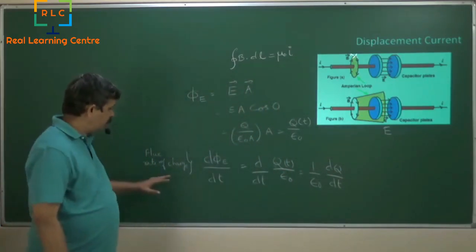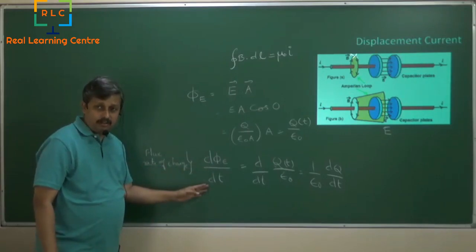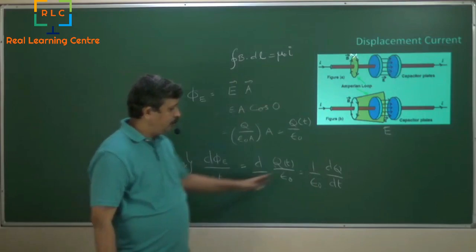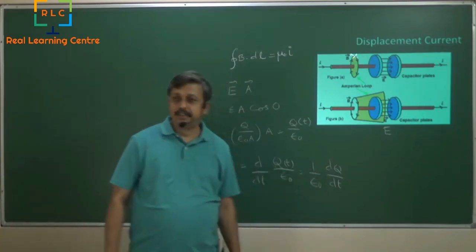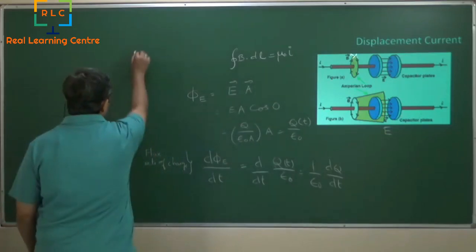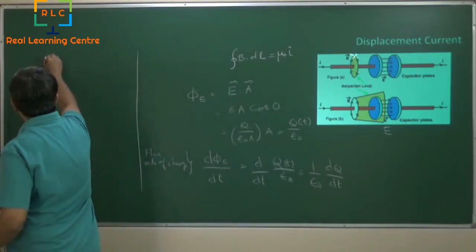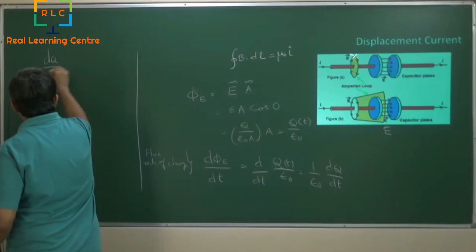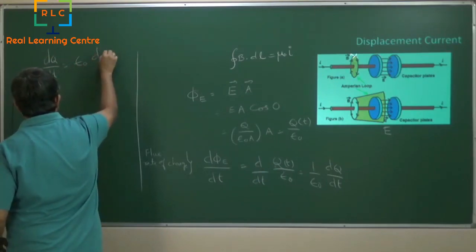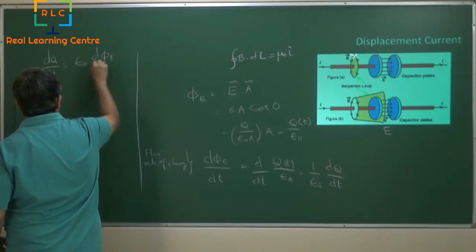So we got the rate of change in electric flux is equal to 1 by epsilon naught into dQ by dt. Or I would say dQ by dt is equal to epsilon naught into d phi E by dt.